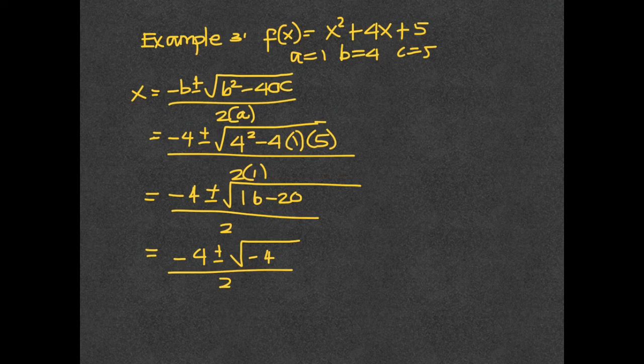Now we have a problem, because in your freshman algebra class, we don't deal with this type of values. We'll always say that there are no real zeros for this. But in Algebra 2, we're going to introduce a concept on imaginary numbers, which will actually help you simplify this type of problem.